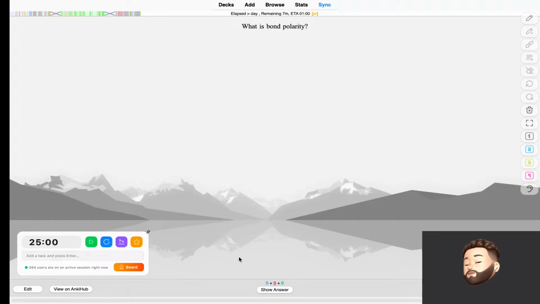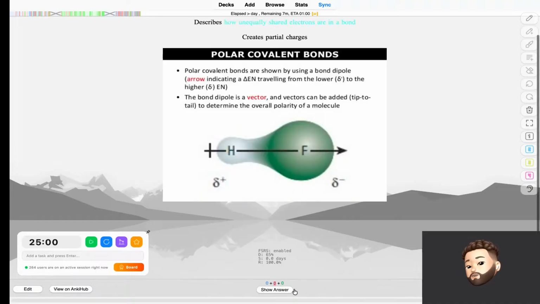What is bond polarity? It describes how unequally the electrons are shared.